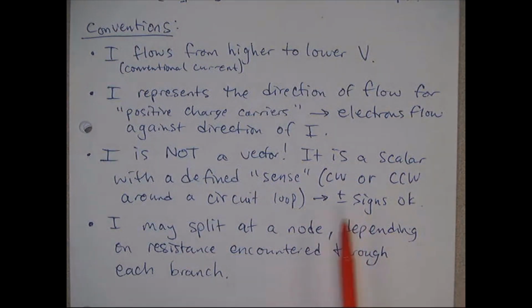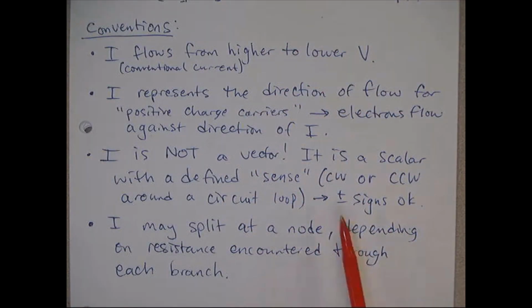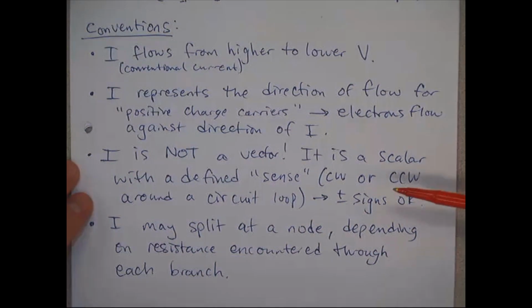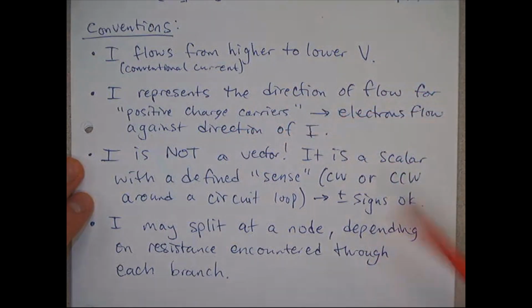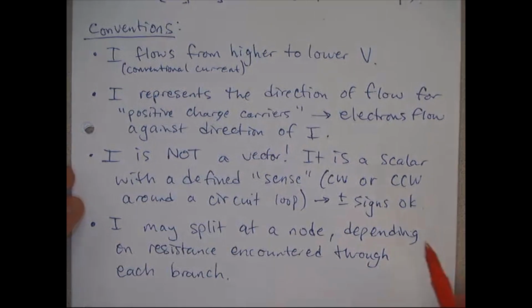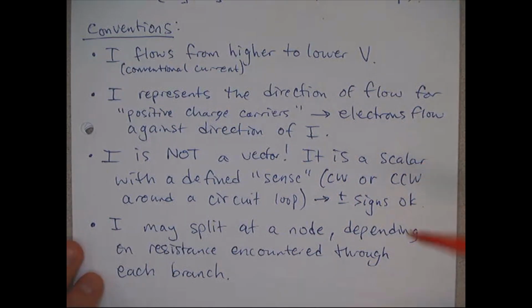If you have a minus sign assigned to a current and it's already labeled to be going clockwise, it simply means the current is actually flowing counterclockwise. So we'll have situations where we solve Kirchhoff's rules later where a current might come out to be negative, and that's okay. You don't need to redo your work. You just need to redefine the direction that your current is flowing.